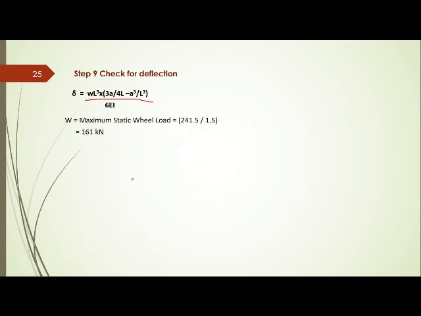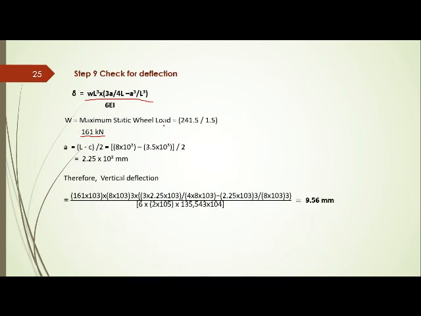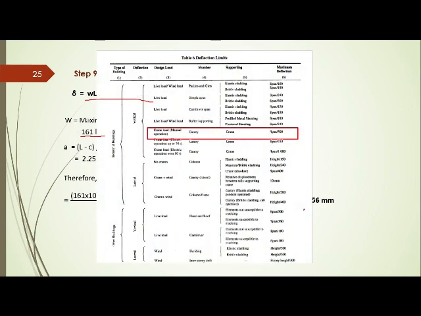A is actually the span minus the wheelbase distance, divided by 2, and we have also converted to static wheel load, because we have to check the deflection for the static load, because we have seen in dynamic analysis the dynamic deflection sometimes may come even less than the static deflection, so we have to convert it. Therefore the vertical deflection was seen to be 9.56 millimeter, which is referred to in the code for the gantry crane.